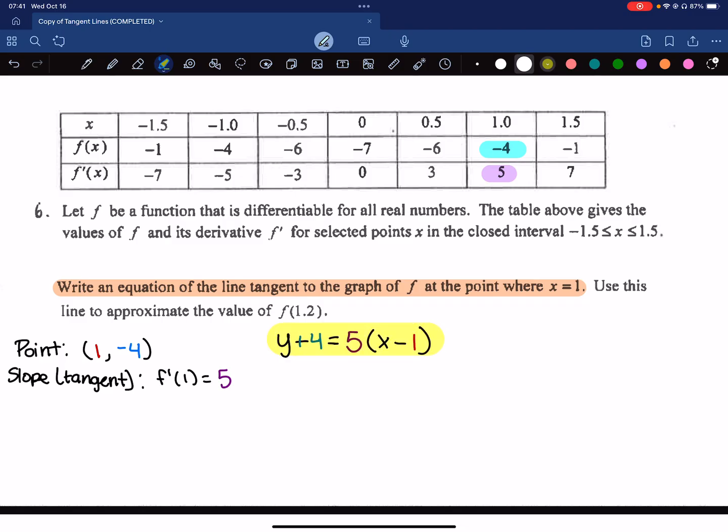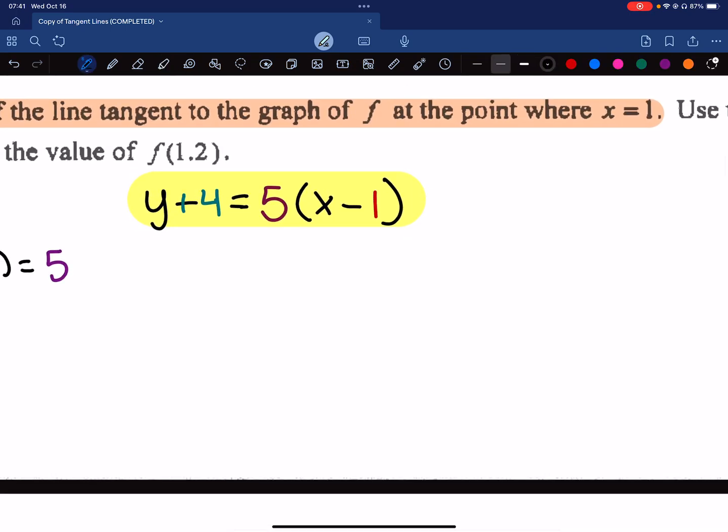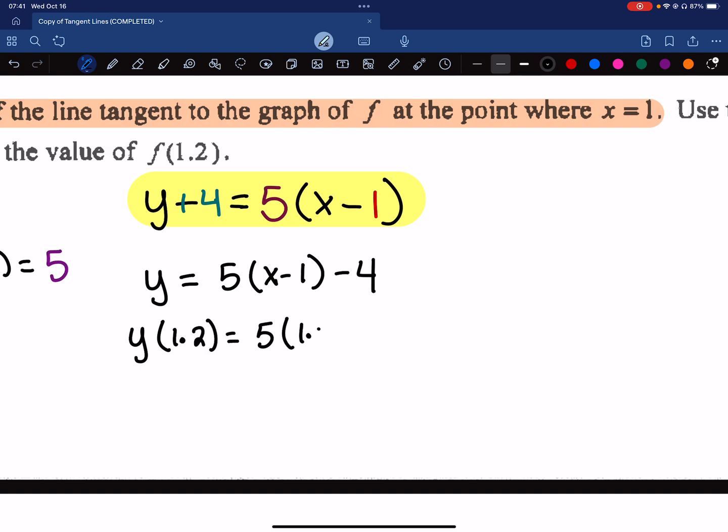The second part says, use this line to approximate the value of f of 1.2. So first thing I'm going to do is I'm going to go ahead and solve for y. And so I'm going to have 5 times x minus 1, and I'm just going to subtract the 4 over. So now we can evaluate 1.2. And so that would be 5 times 1.2 minus 1 minus 4.